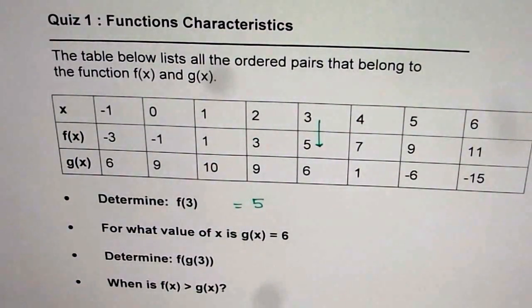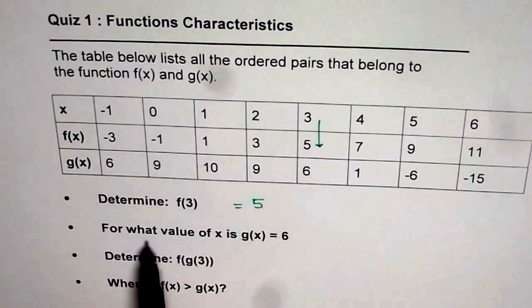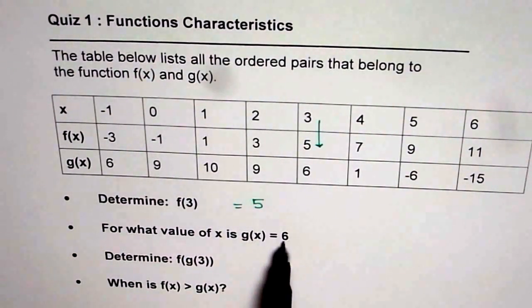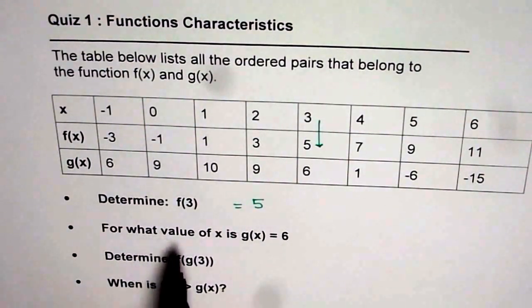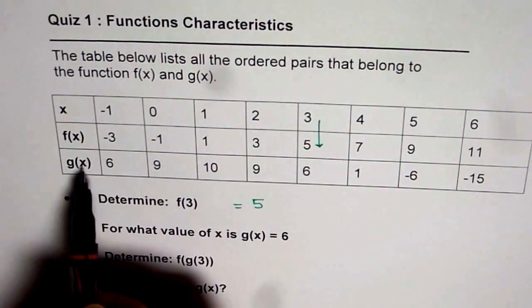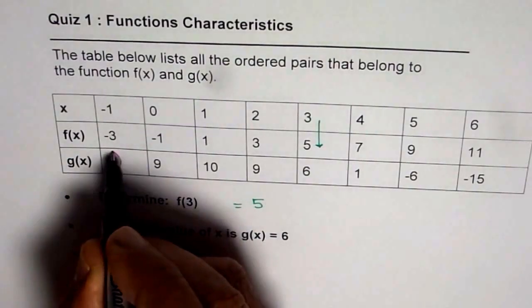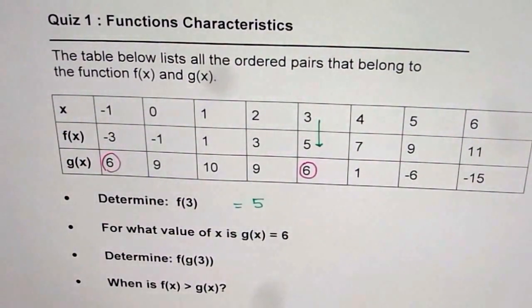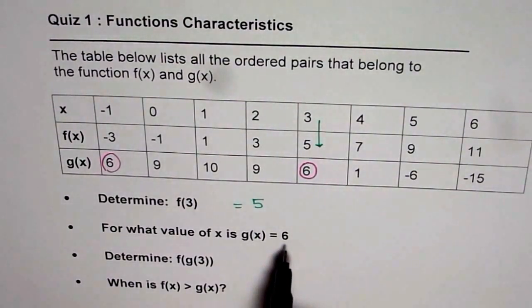The second one is, for what value of x is g of x equal to 6? So we are given the value of g of x as 6, right? So we have to find the value of x. Look at g of x equals 6. We have g of x equals 6 at 2 places, and so we have two different x values.